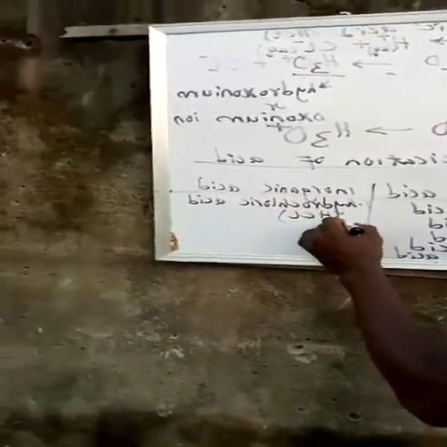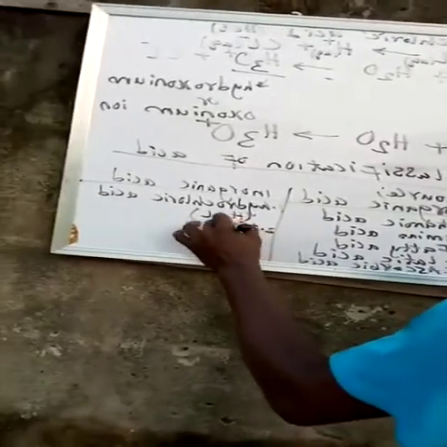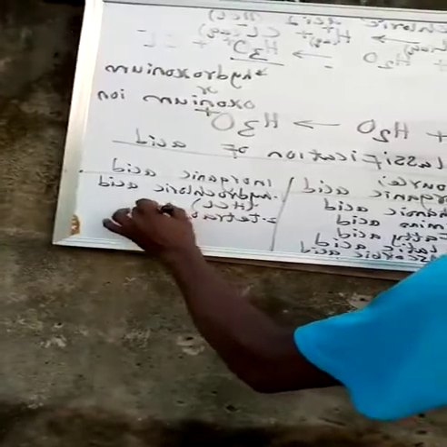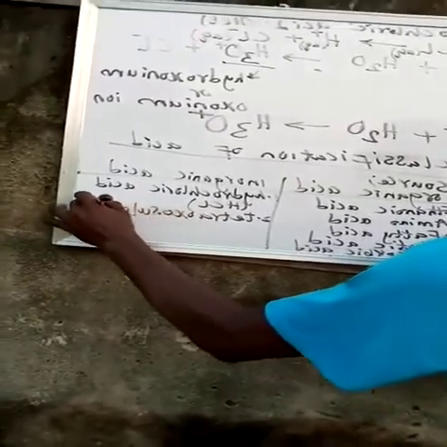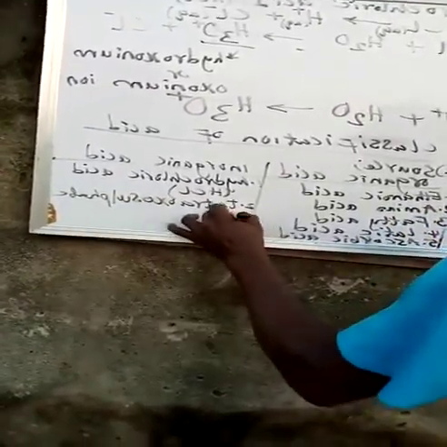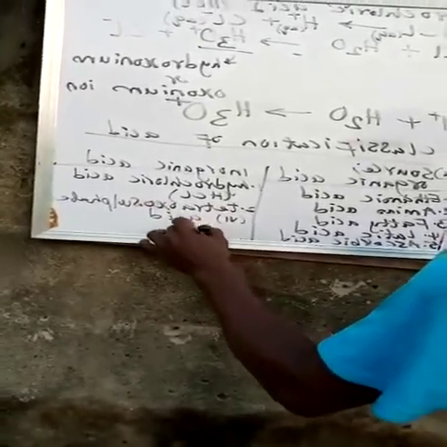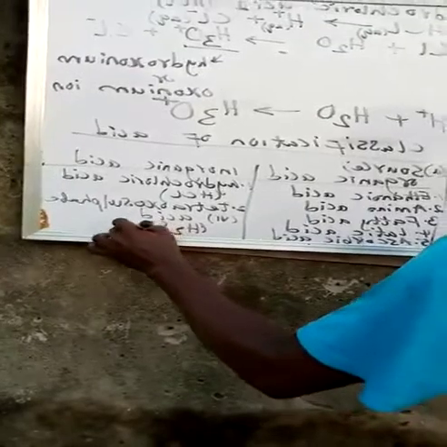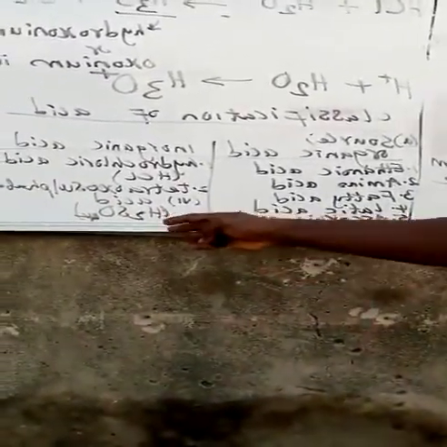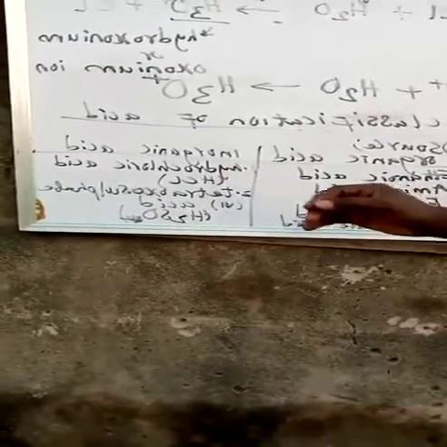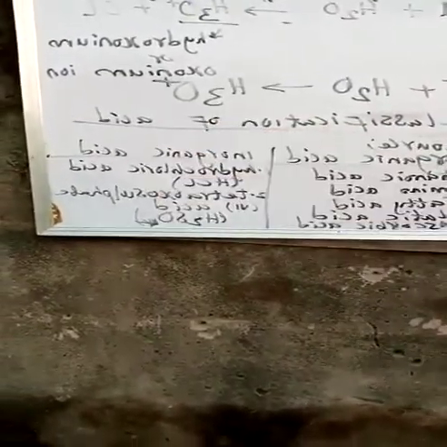We have the tetraoxosulphate(VI) acid, which is a constituent of hydrogen, sulfur and oxygen. So generally, based on source, acid is classified into organic acid and inorganic acid.